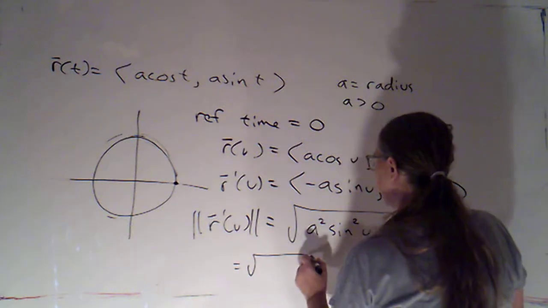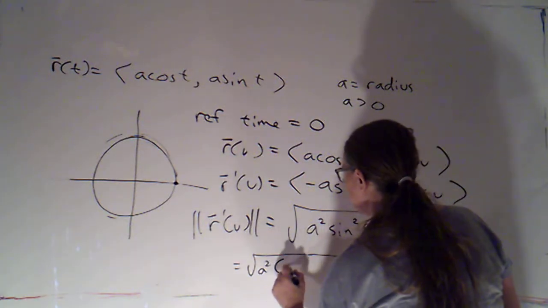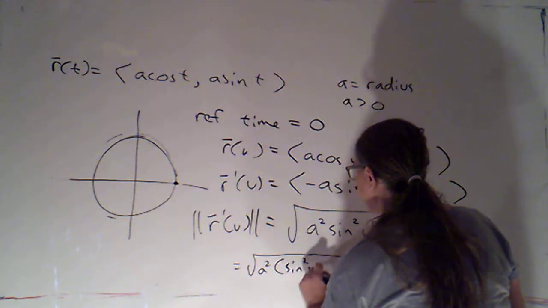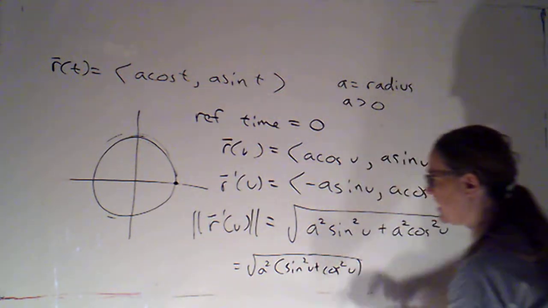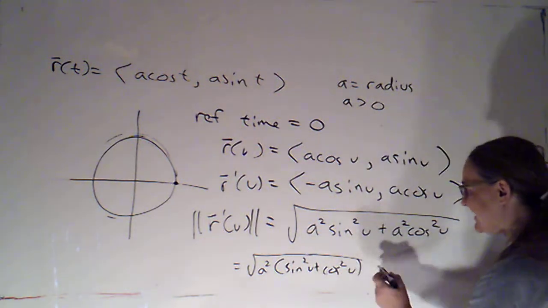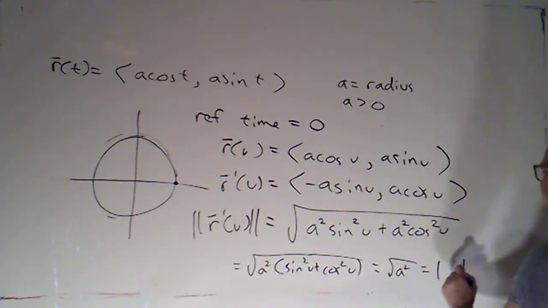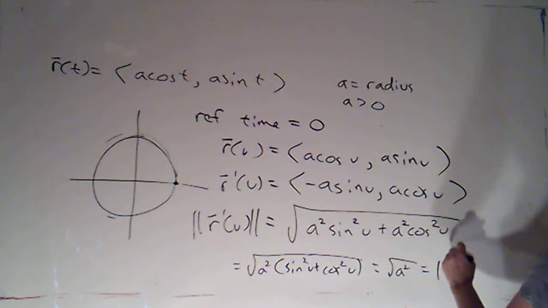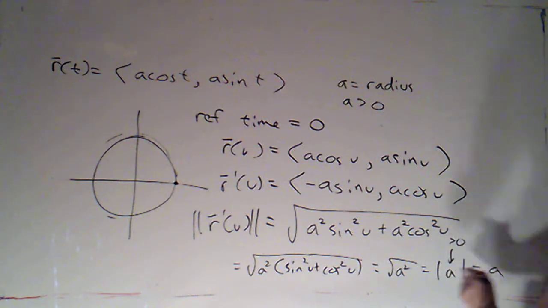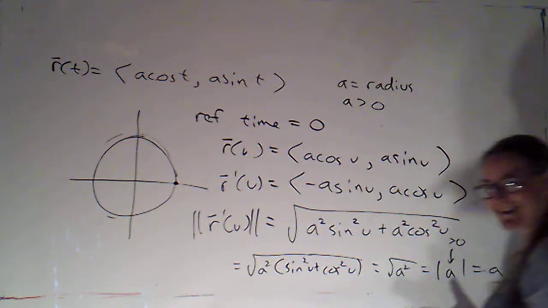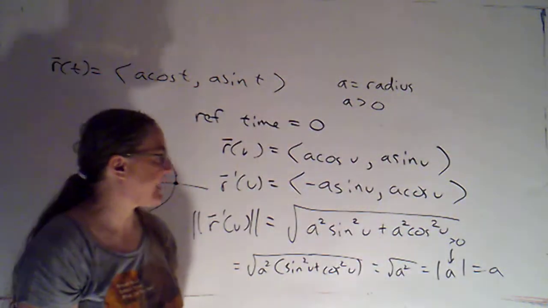That's the square root of a squared times sine squared u plus cosine squared u. Now, of course, this is just 1, so that's just the square root of a squared, which would be the absolute value of a. And since a is bigger than 0, because we defined it to be the radius of our circle, that's just a.